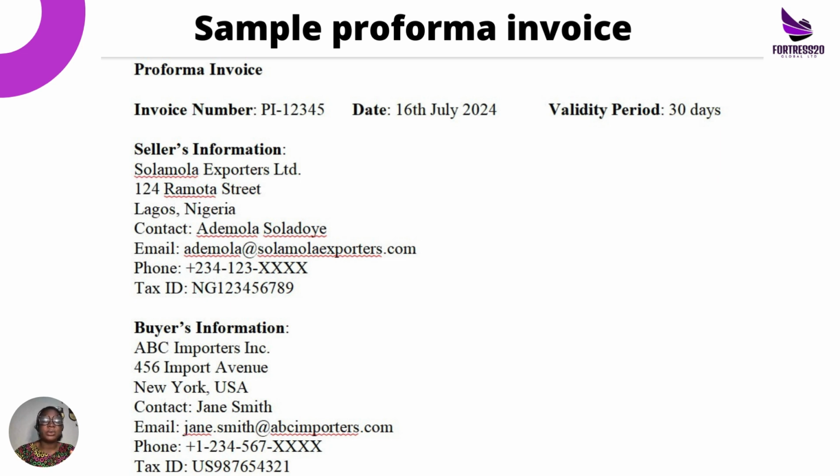Here's the seller's information, the name, the address, the city or country, the contact person, the email address, the phone number, the tax ID, similar details for the buyer. You see, it's followed by the buyer's information, his name, his address, country, the contact person, their email address, the phone number, and the tax ID.